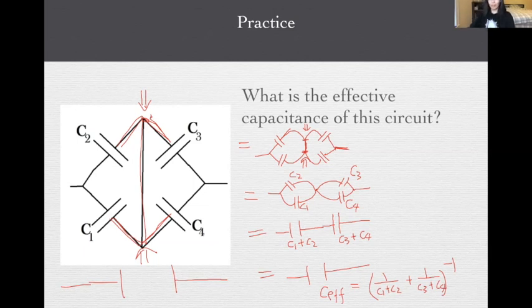This is the effective capacitance of this circuit. And you can see to arrive at this result, you need to do some imagination and simplification. The easiest way to do the simplification is to bend the wire in a way that you can see it. If this shape looks too weird to you, just bend it and bend it until it's simplified to a case that you can identify.